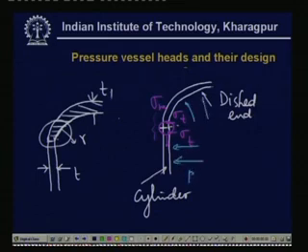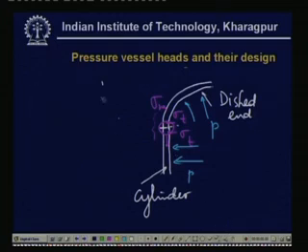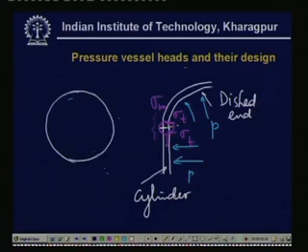So, we have pressure acting throughout, and because of this pressure, the cylinder size will try to change, that is, when we have a cylinder which is subjected to internal pressure, then its radius will change, gradually it will increase.